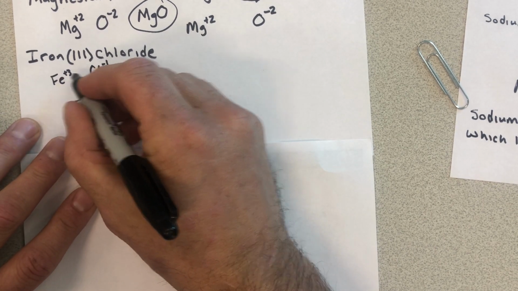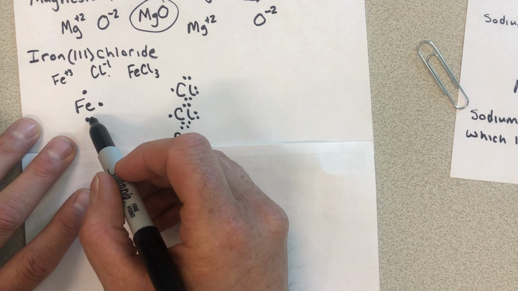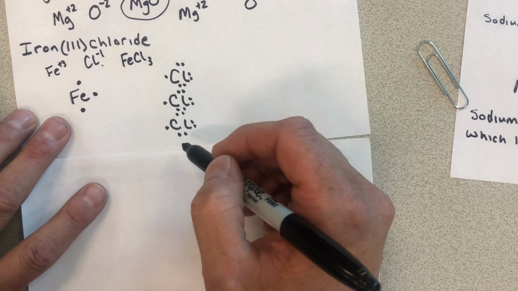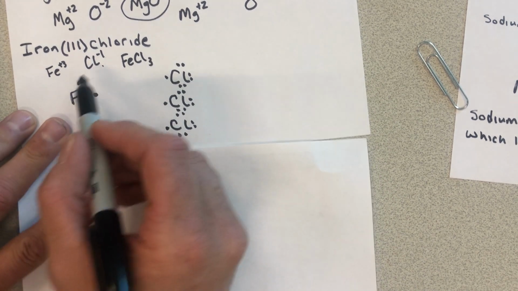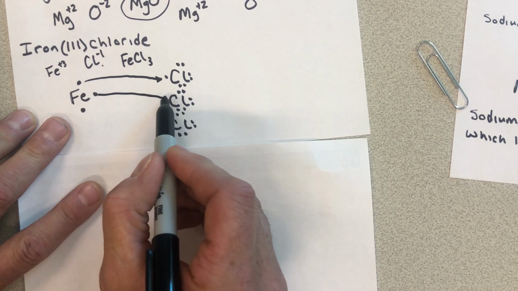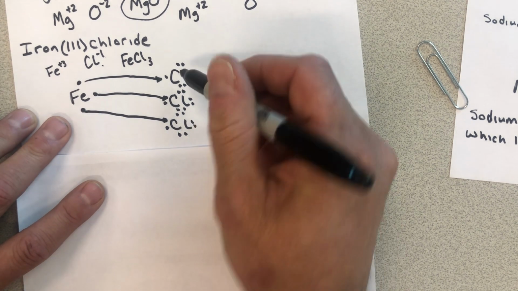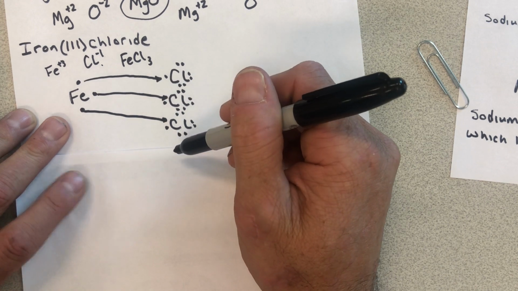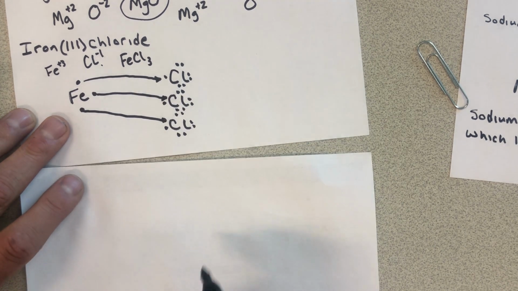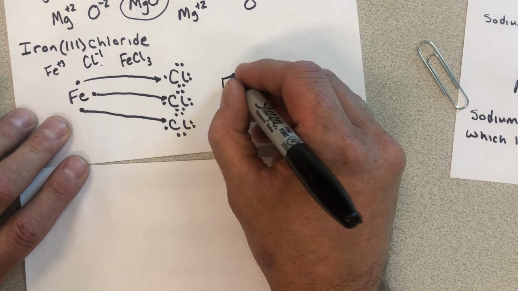The 3 from the iron becomes the subscript for the chlorine. And that tells us that we have one iron atom that's going to donate electrons to 3 different chlorine atoms, right? And so we can just draw lines here that show the electron transfer of these 3 individual electrons to these 3 places where they could nest with the chlorines. And that turns these into chloride ions and this into an iron ion. And when we have 1 iron ion and 3 chlorides, that's our formula.